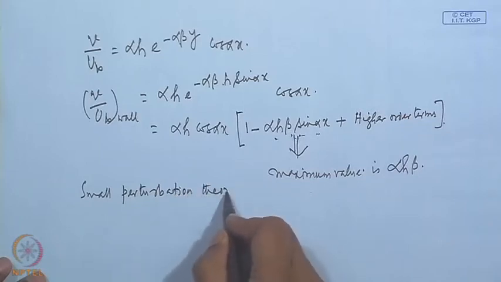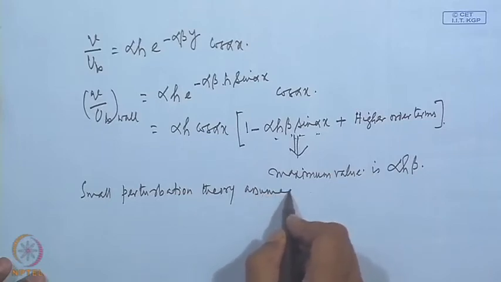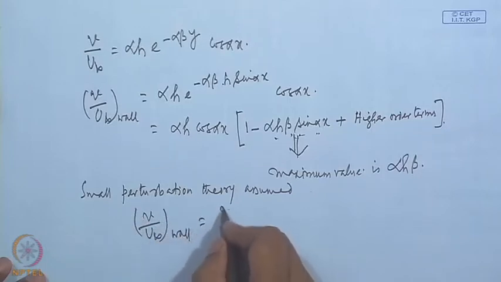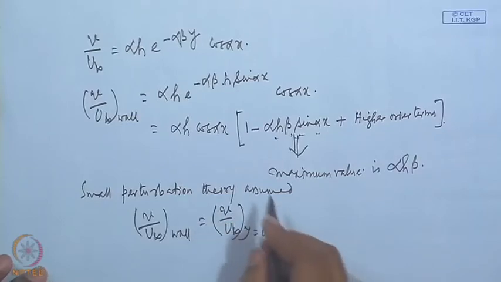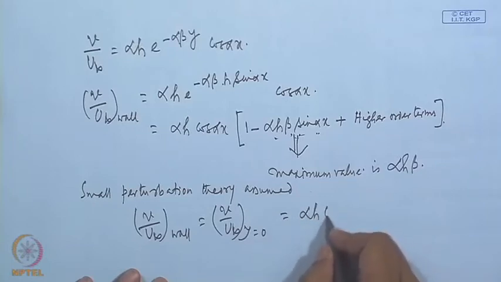The small perturbation theory assumed v by u infinity wall is v by u infinity at y equal to 0, and in this case that equals alpha h cos alpha x.